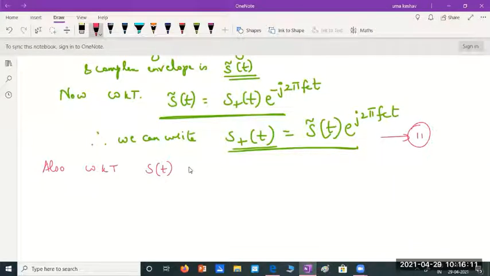How can I define the given signal S of t if I know its pre-envelope? See, I know the pre-envelope of the signal. From that, how could you isolate the actual signal? What should I use? Which function? Can somebody tell me? Okay, at least tell me what is S plus of t in terms of the given signal S of t. What is the relation?